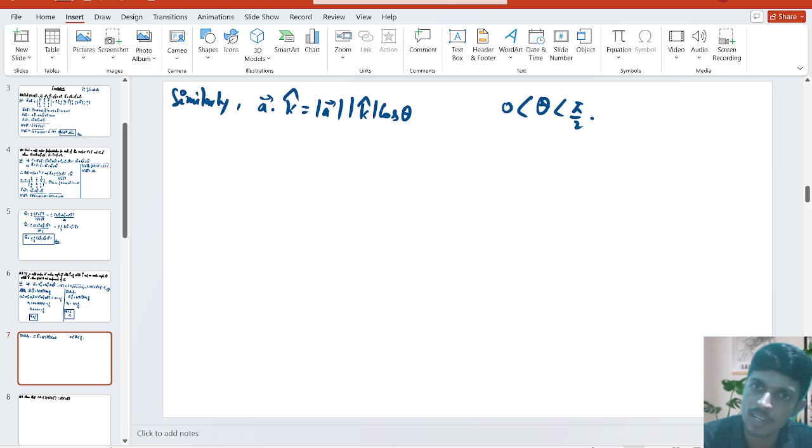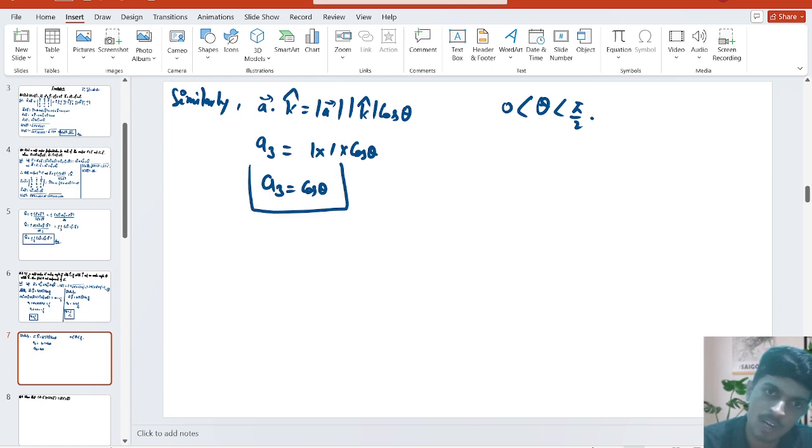Simplifying, it becomes A3, and this is 1 into 1 into cos theta. So A3 is equal to cos theta. I hope it is clear to you.